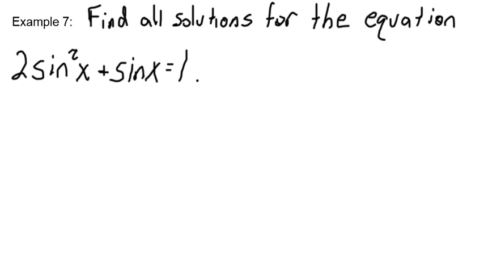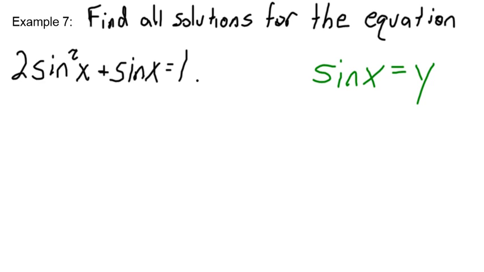Last example, example 7. Find all solutions for the equation 2 sine squared x plus sine x equals 1. Another strategy, I know I've said that multiple times, another strategy we can use in order to simplify the process is I'm going to let sine of x be equal to y.